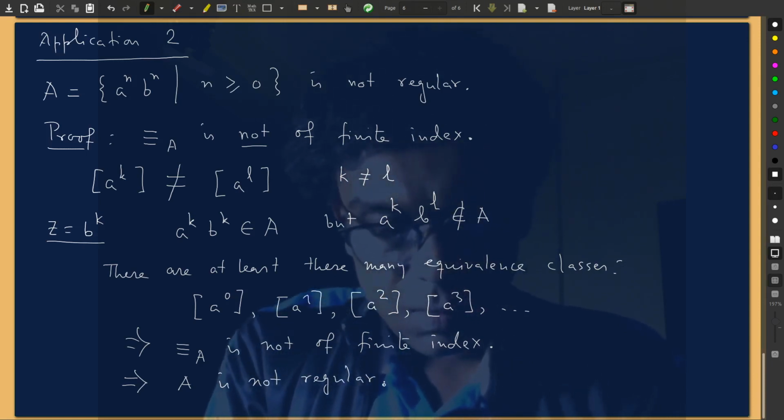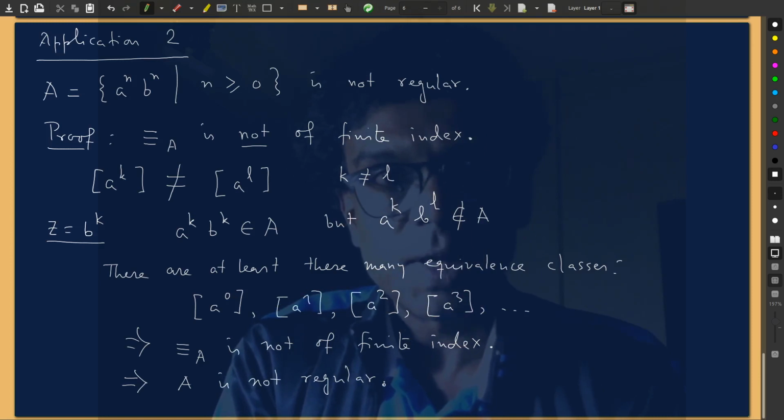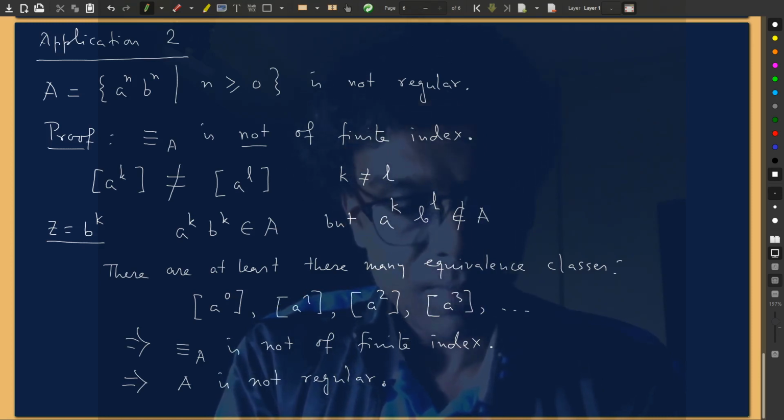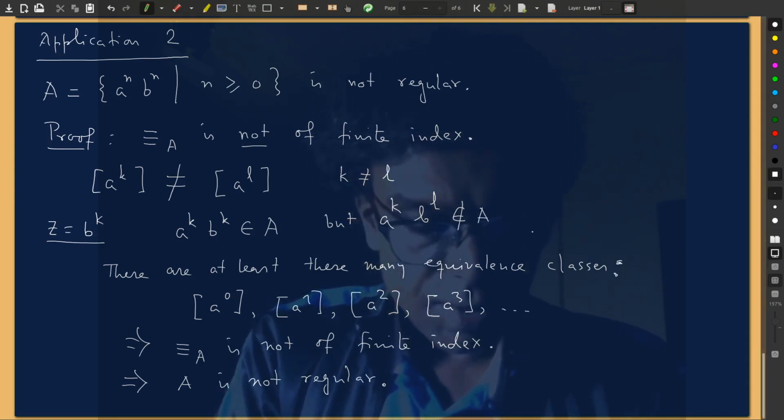Okay, so we will see more applications of the Myhill-Nerode theorem and the Myhill-Nerode theory in the tutorial sessions. So this is basically a very interesting result about regularity.